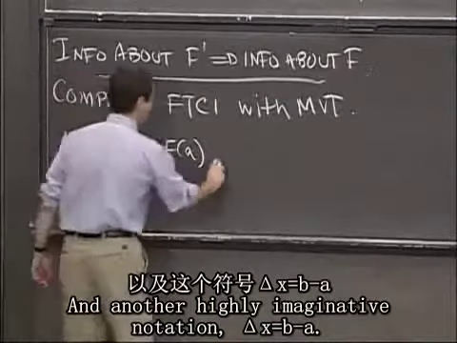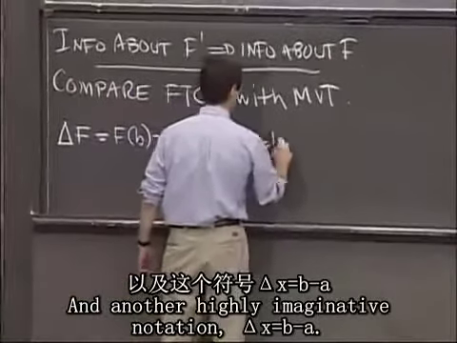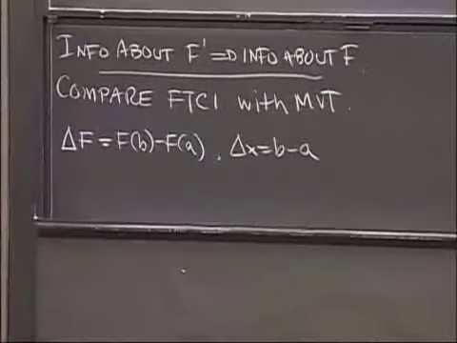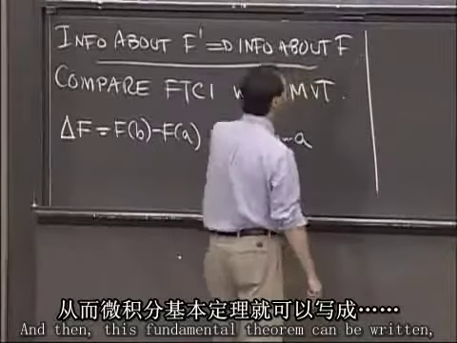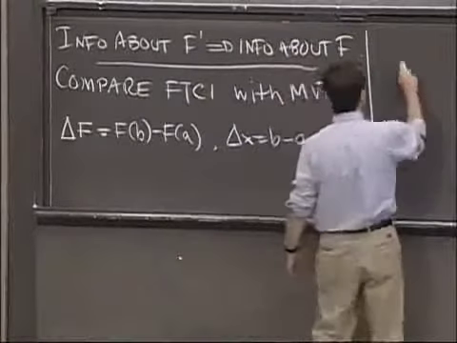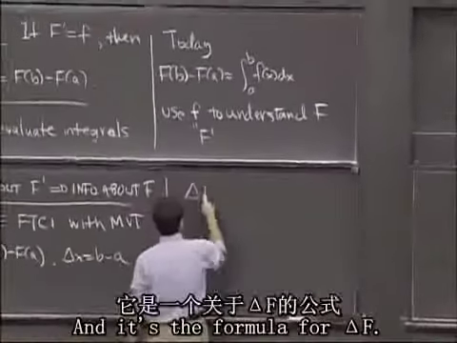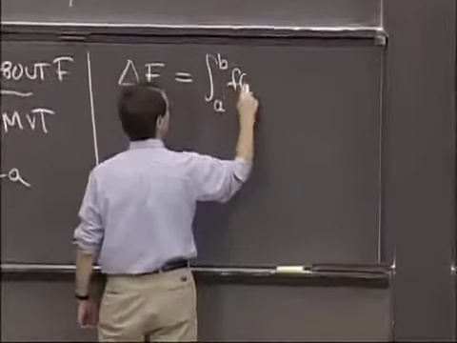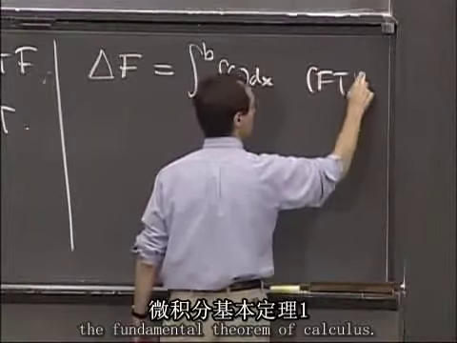And another highly imaginative notation, delta x is equal to b minus a. So here's the change in F, there's the change in x. And then this fundamental theorem can be written, of course, right up above there is the formula, and it's the formula for delta F. So this is what we call the fundamental theorem of calculus.